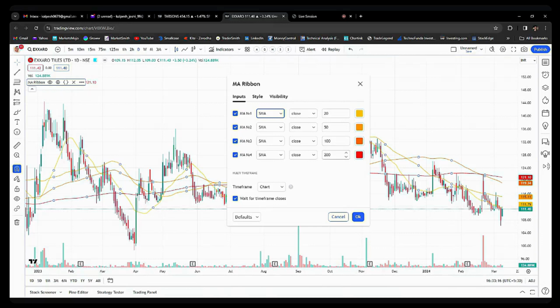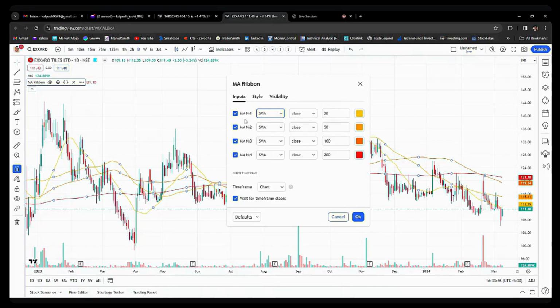These are the two moving averages at which the majority of stocks take support, because every stock goes through mean reversion. Any stock that goes up needs to come down. During the coming down, in the short term they can take support at 50, or maybe in 3 months they can take support at 50, 100 or 200. That's the inference we can draw from this.